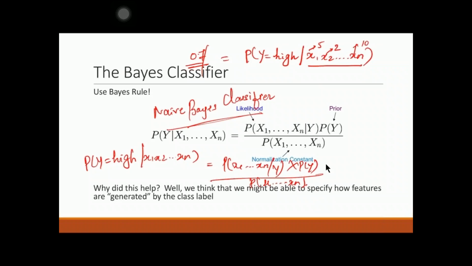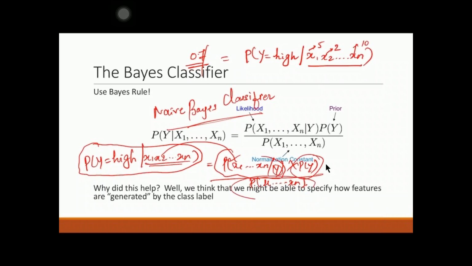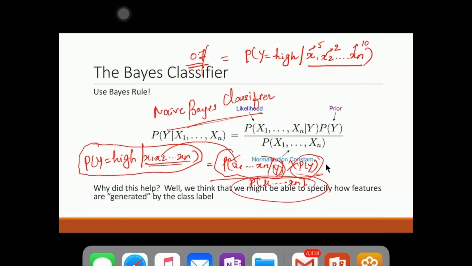What does this mean? You say the probability of y equal to high given my features x is equal to the probability of having these features given y equal to high, multiplied by the probability of high. Forget the denominator. Do you understand this notion?